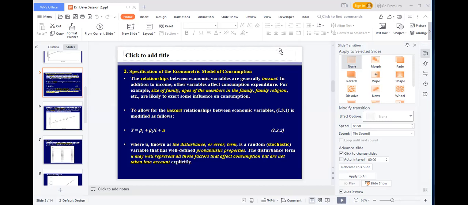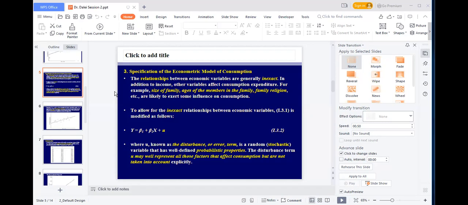When a random variable is added to our model, the model is known as an econometric model. Now try to understand the difference between the mathematical model and the econometric model. In the econometric model, you have a random component along with the deterministic component. Here x is the deterministic component and u is the random component.